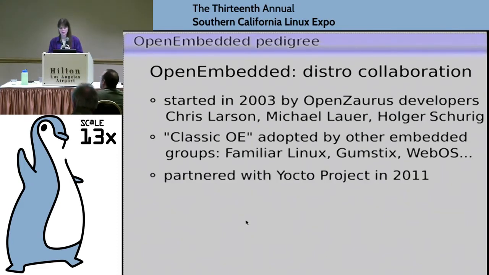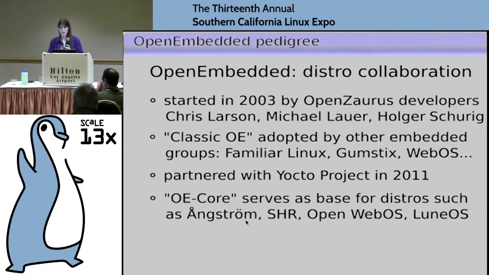It's because after OpenEmbedded partnered with the Yocto Project in 2011, they started a whole new fork where they implemented some nifty new features and named the new stuff OE-Core.